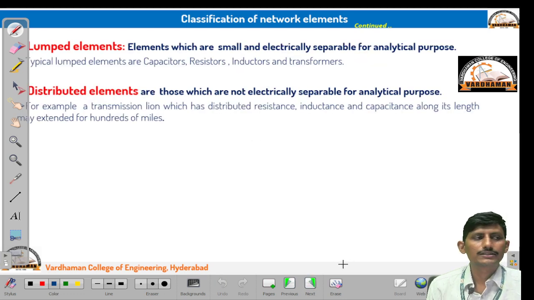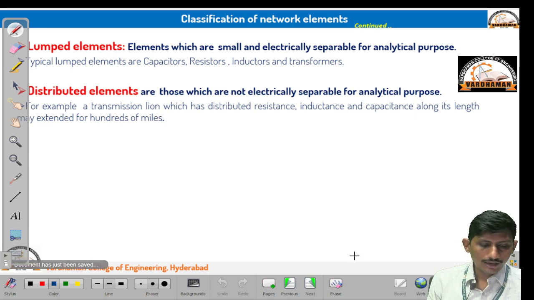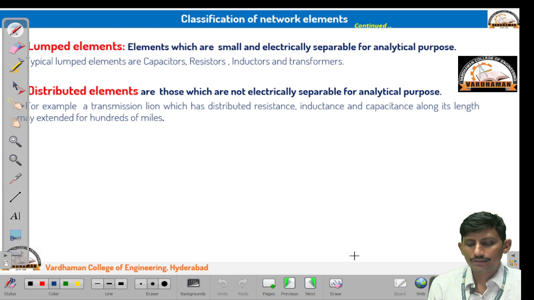The next classification is lumped elements and distributed elements. Lumped elements are generally small and electrically separable for any analysis purpose. Examples are resistors, capacitors, inductors, transformers, motors. The properties of these elements can be analyzed individually, whereas distributed elements are those which are not electrically separable for analytical purposes.